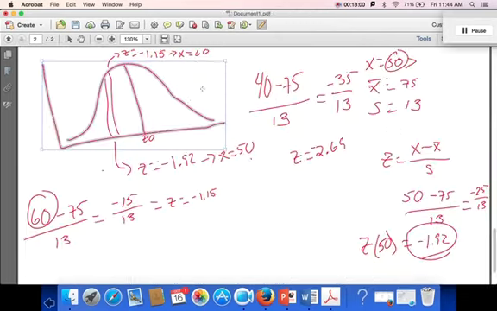And again, why does that happen? Because 50 is my minimum value here, right? That corresponds to a raw score of 50. My z-score is a negative 1.92. All of this area represents values that are greater than 50.